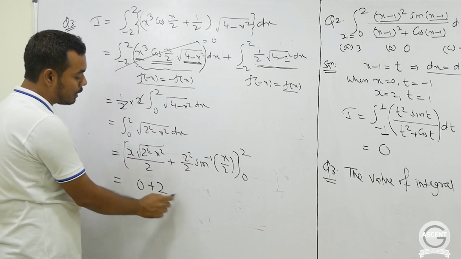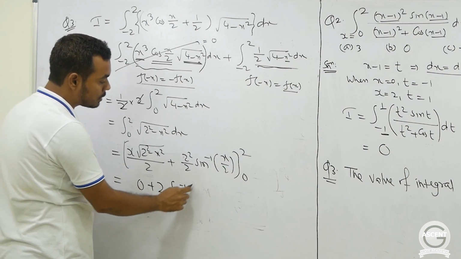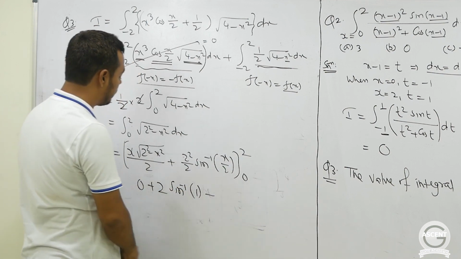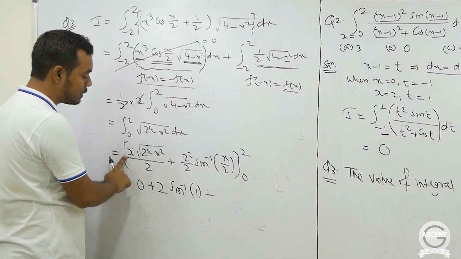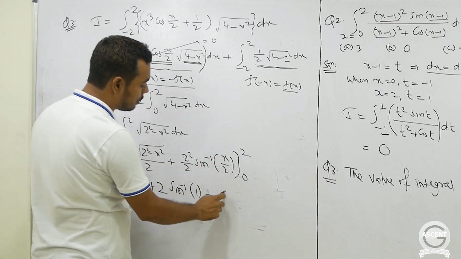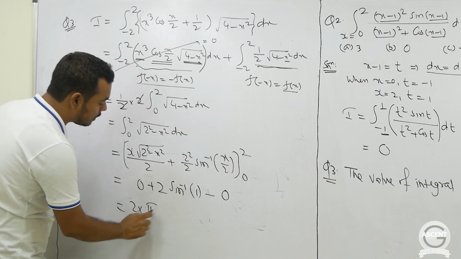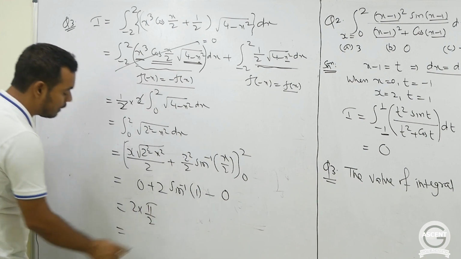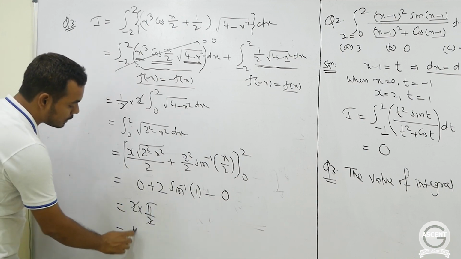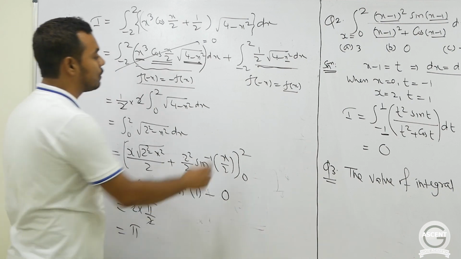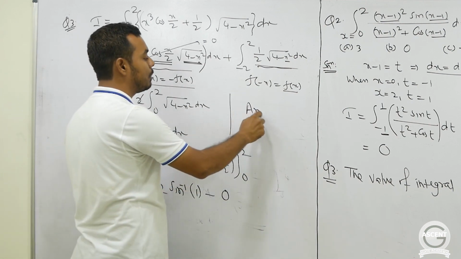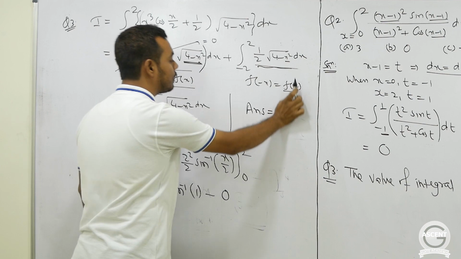From here you will get 2 sine inverse 2 by 2, which is 1. If you place 0, you will get 0 here, and sine inverse 0 is also 0, so that gives us 0. 2 into sine inverse 1 is always pi by 2, 2 and 2 will cancel, and this will give us pi. So for this third problem the answer will be pi.